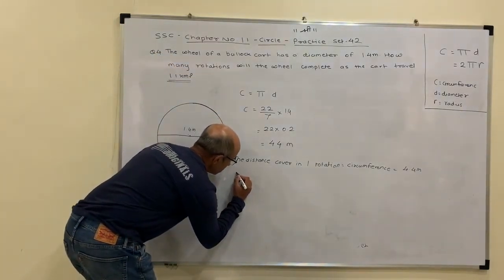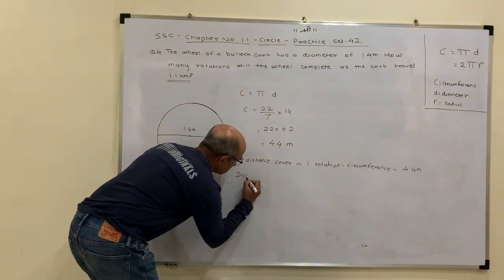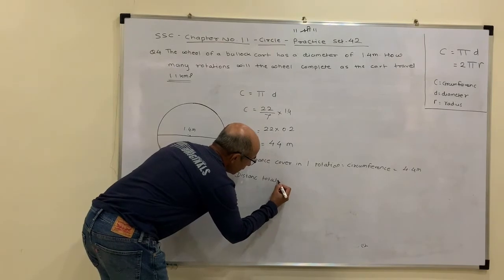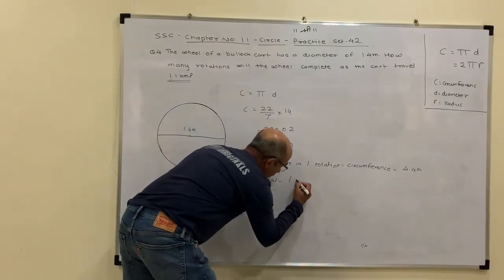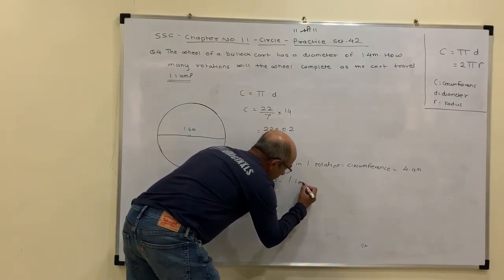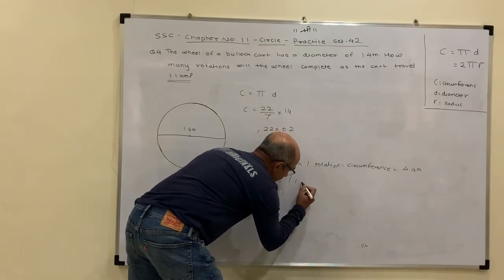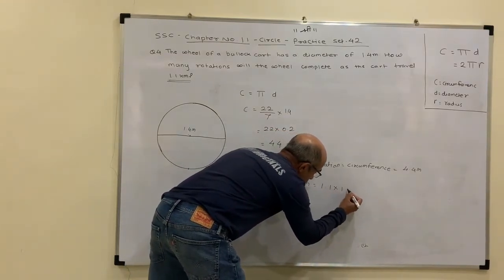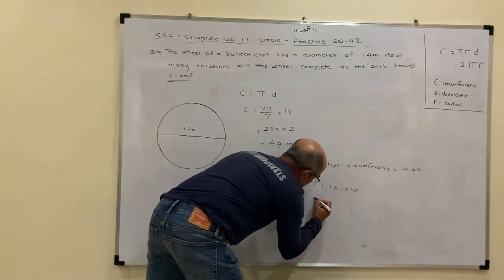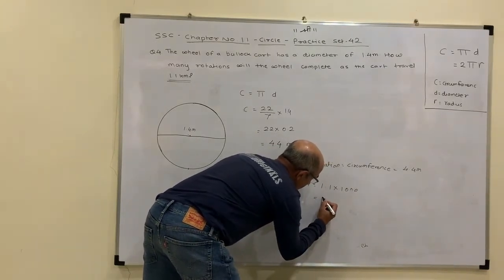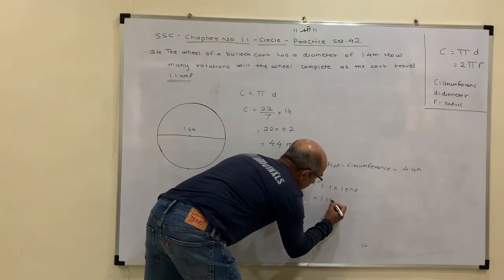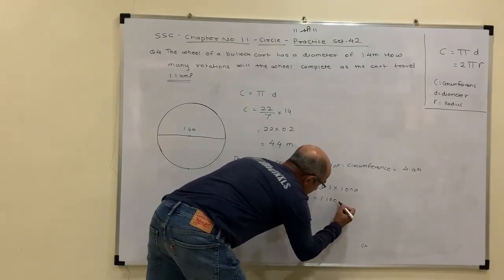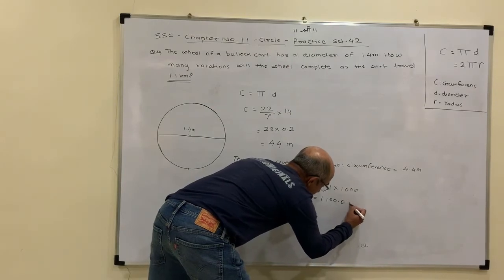So, the total distance equals 1.1 kilometer, that is equal to 1.1 into 1000, which is 1100 meters.